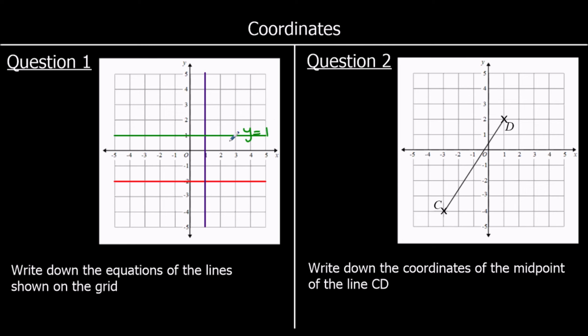If you looked at the coordinates of any point along this line, it will have a y coordinate of 1. The red line here is all of the points where y equals -2. And the purple line is all of the points where x equals 1.